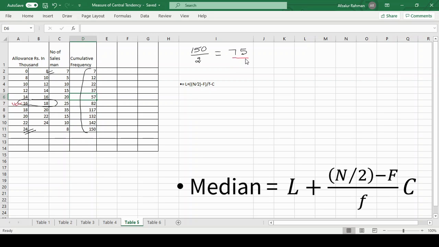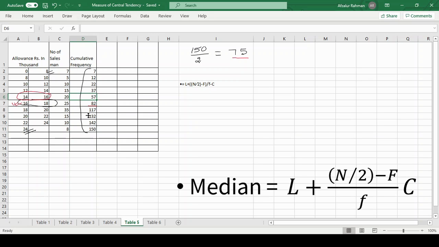Where is 75? 75 is in 16 to 18, because up to 16 a total of 57 are there. Up to 57 is in the previous block. After this, 58, 59 will come under this block. So 75 will come under this block. So that is clear.